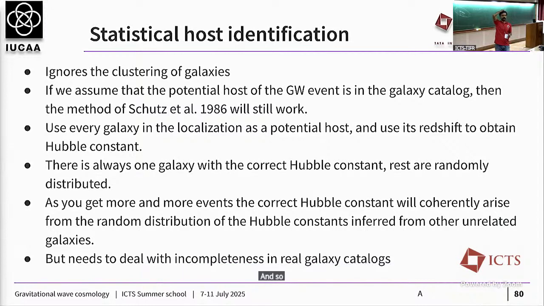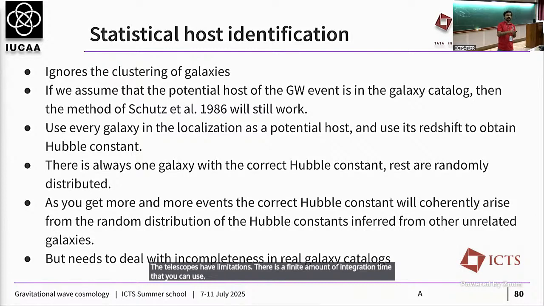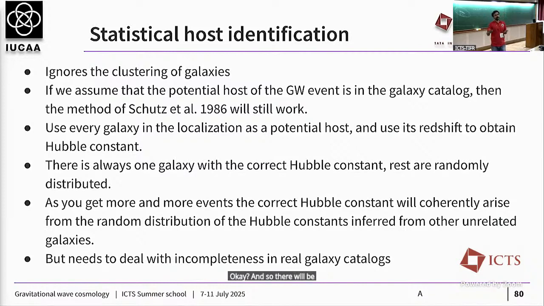And so each of the telescope has its own limitation. Just like your eye has limitations, the telescopes have limitations. There is a finite amount of integration time that you can use. And so you can only see galaxies up to a certain flux limit. Okay? And so there will be certain galaxies which will always be missed. And nobody tells you that the gravitational wave event cannot happen in that galaxy. Right? And so you have to account for this kind of behavior as well. Okay?